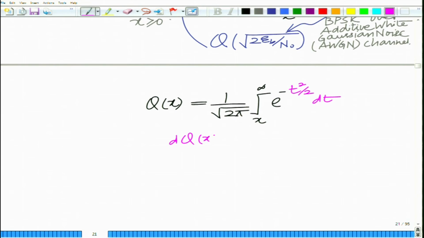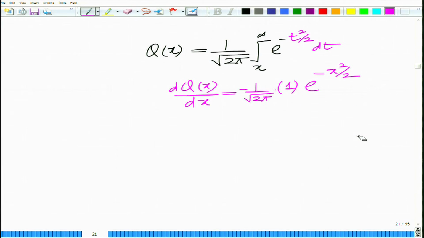We form the first derivative of this: 1 over square root of 2 pi, derivative of the top limit, which is 0 because it is a constant, minus the derivative of the bottom limit. So we have minus the derivative of the bottom limit, which is the derivative of x, that is 1, times the integrand evaluated at the bottom limit, that is e raised to minus x square by 2.